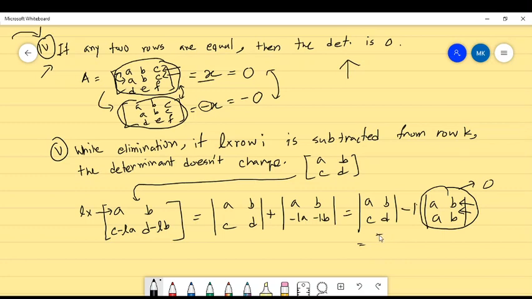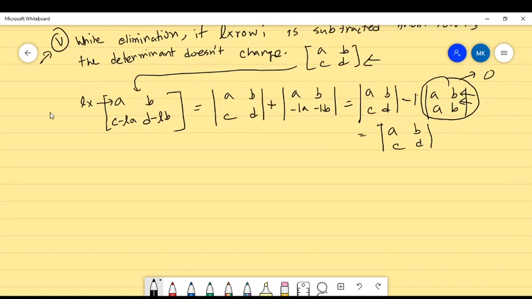So we can say that the determinant of this thing would in fact be A, B, C, D. So your determinant doesn't change in this case. So our property 5 is proved. Right. So let's come down to the next property, which is property 6. This lecture is all about learning the properties of the determinant, which is a very important part of linear algebra. Right.